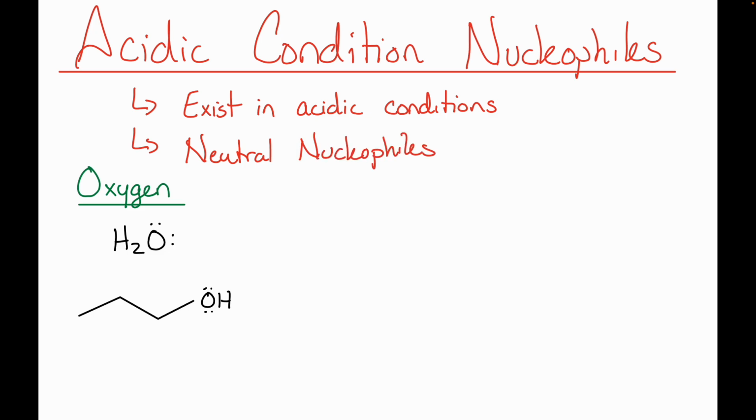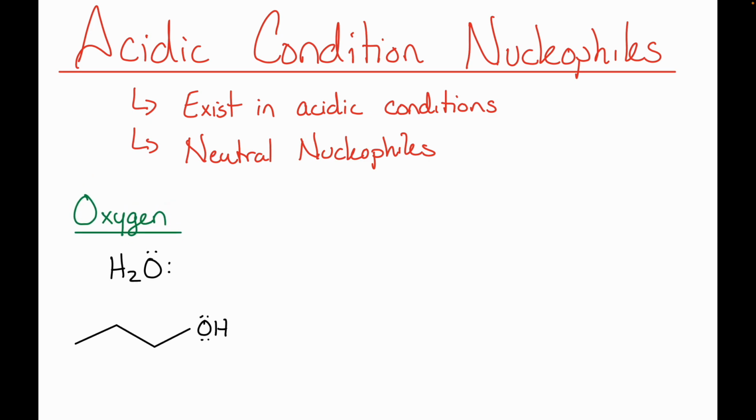And exactly, all I did was I took that basic nucleophile of a hydroxide ion and I added an extra hydrogen to it. I took that alkoxide ion and just added an extra hydrogen to it. All right, so see if you can give me, based on our previous examples, an example of a nitrogen and sulfur nucleophile that we could have under acidic conditions.